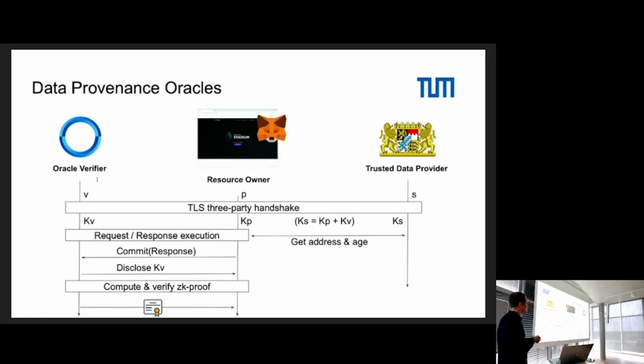And what you do is, in TLS, you typically have a handshake phase and then a record layer phase. In the handshake phase, the secrets are negotiated. In the record layer, the traffic is then authenticated and encrypted. And instead of a Diffie-Hellman two-party handshake, you perform a three-party handshake, such that the handshake secrets that the verifier has and that the resource owner has are additive shares.